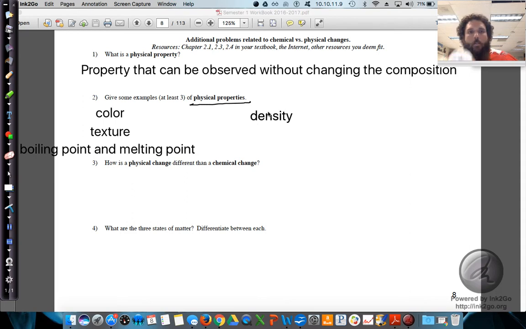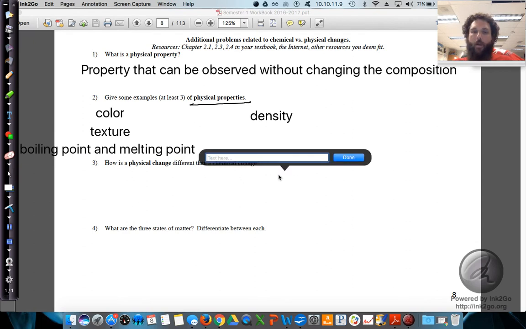All of these things are examples of properties that you can observe without changing the chemical composition, and that's the main difference here. How we relate them.